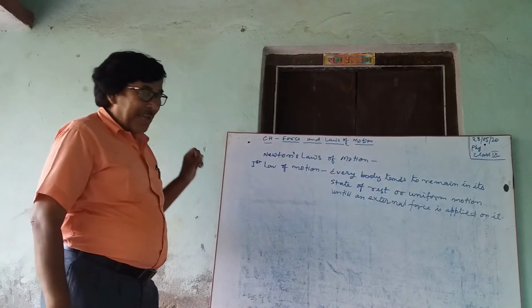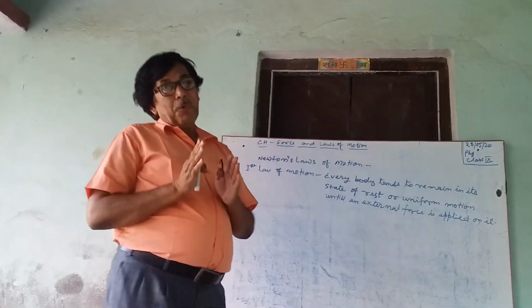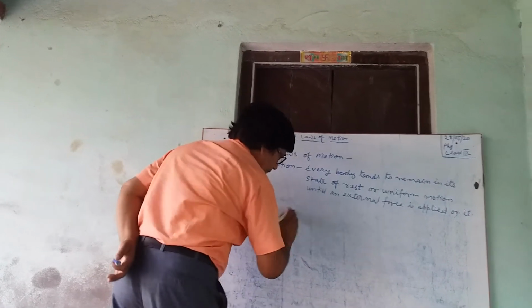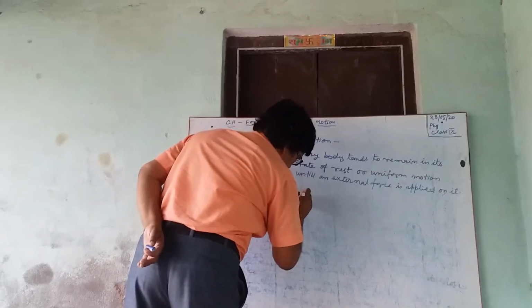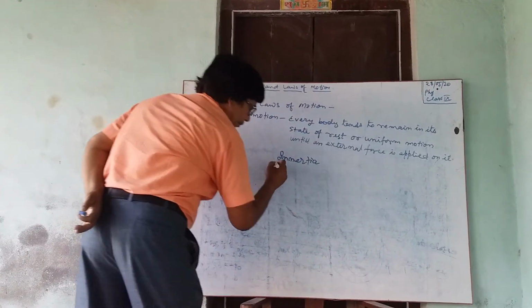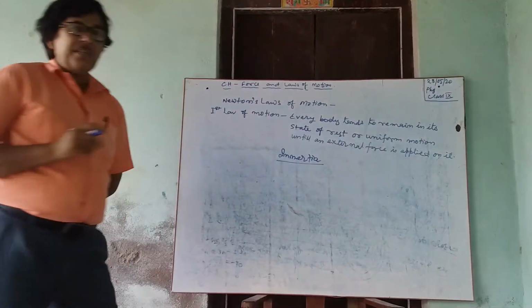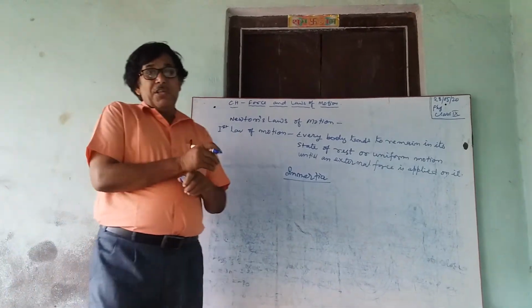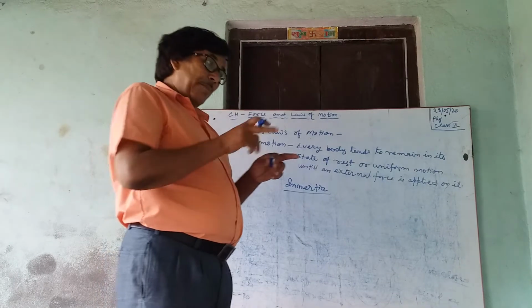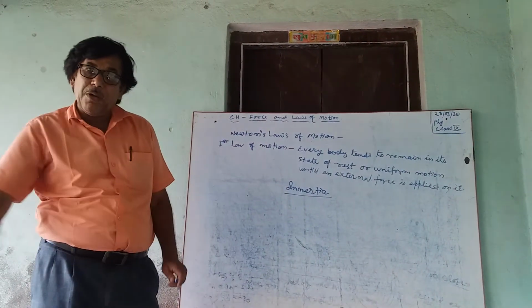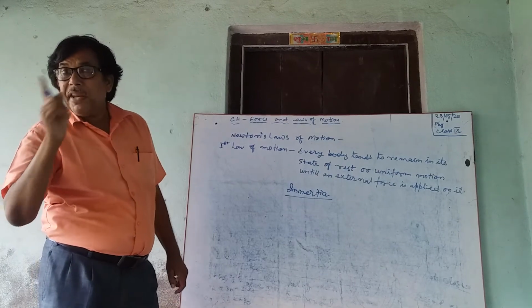Then, what is inertia? Inertia is the property of a body by virtue of which the body tends to remain in a state of rest or uniform motion in the same direction.